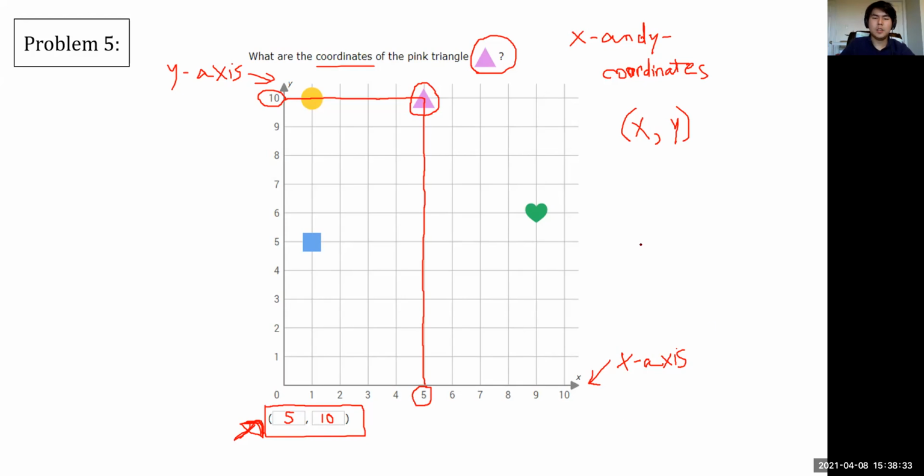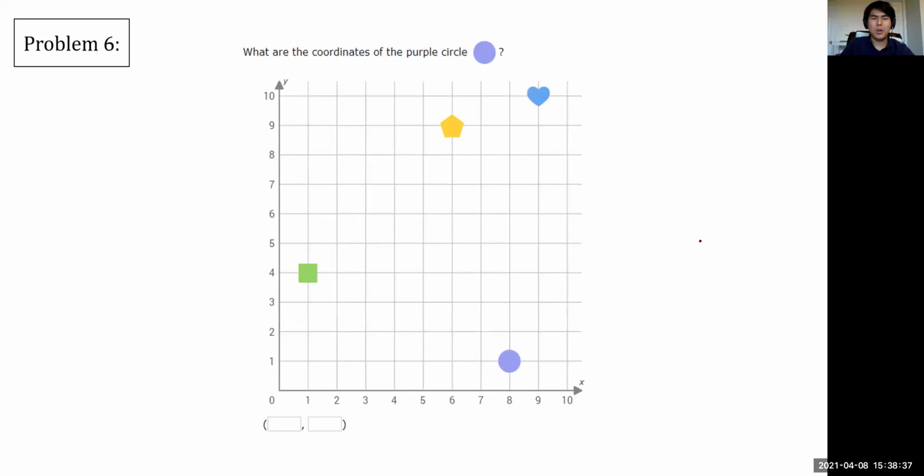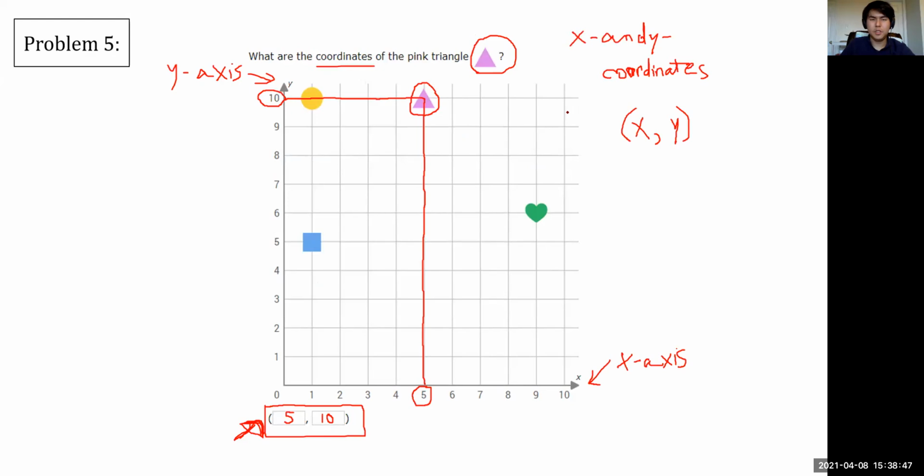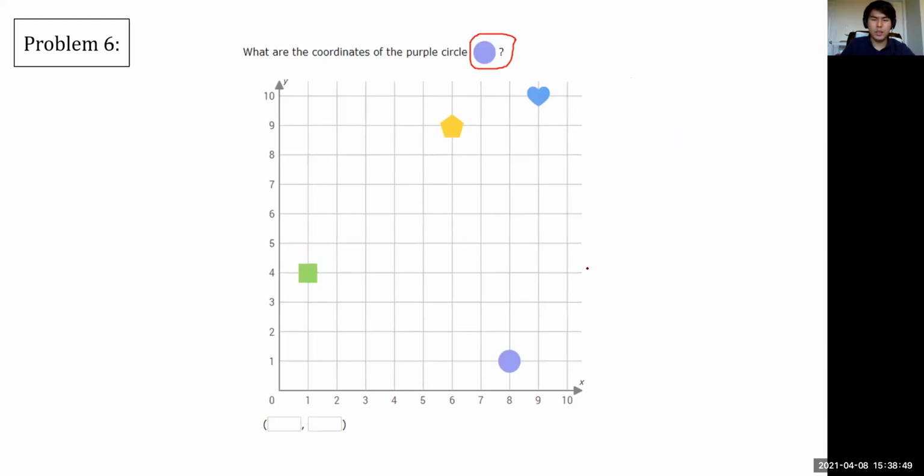Moving on to the final problem, problem 6. What are the coordinates of the purple circle? Okay, it's the same process. They're asking us for the coordinates of the shape, both the x and y coordinates. So here is our purple circle in the coordinate plane.